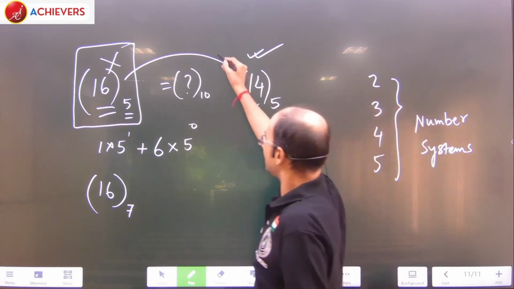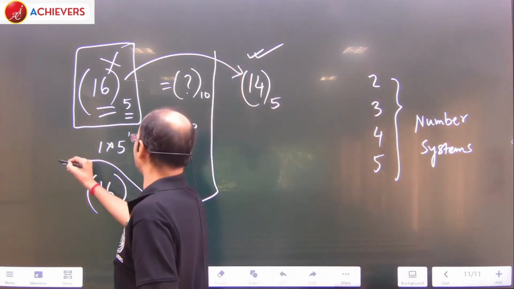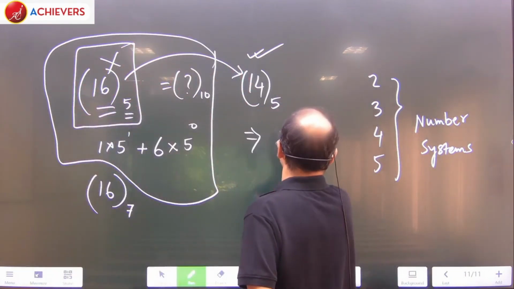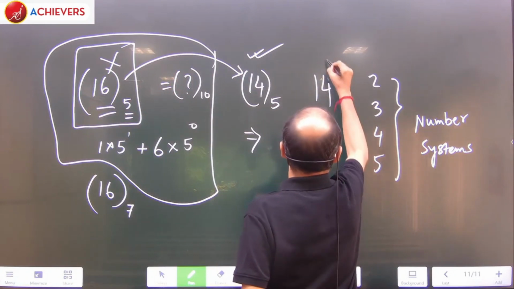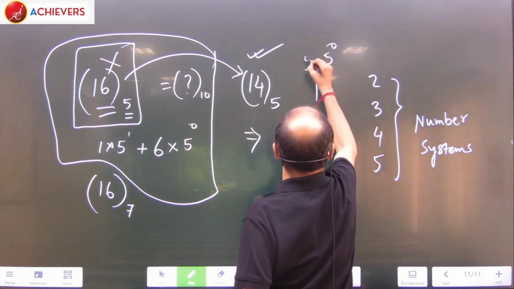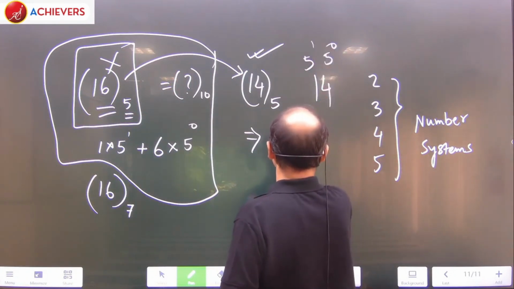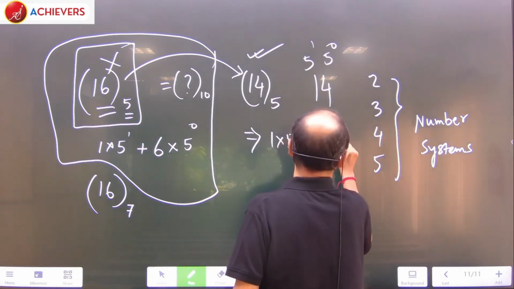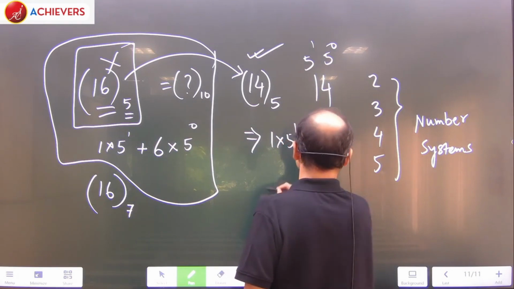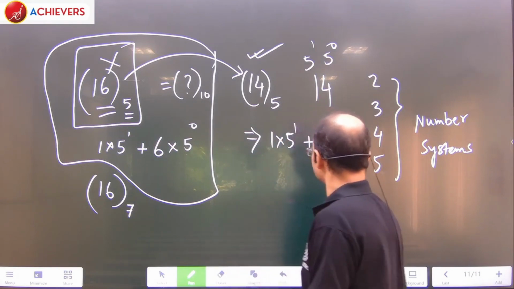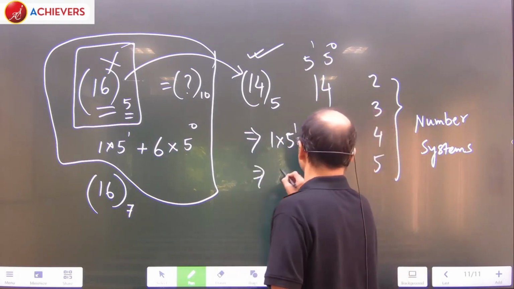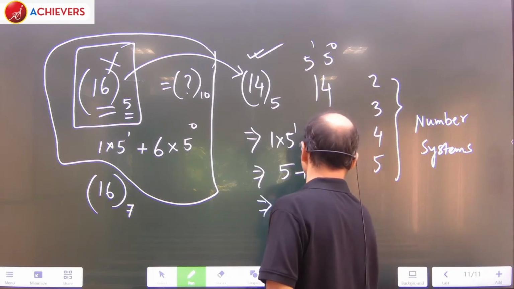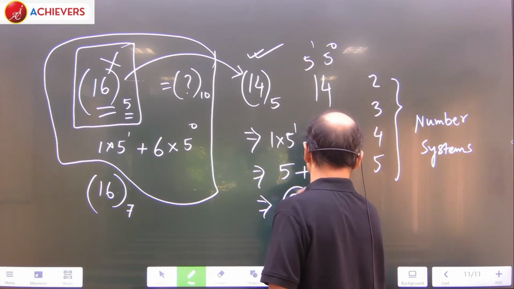So obviously, instead of defining that, we can provide this as 14, with 5 to the power 0 and 5 to the power 1. Now we can just write 1 into 5 to the power 1 plus 4 into 5 to the power 0. That is equal to 5 plus 4 equals 9.